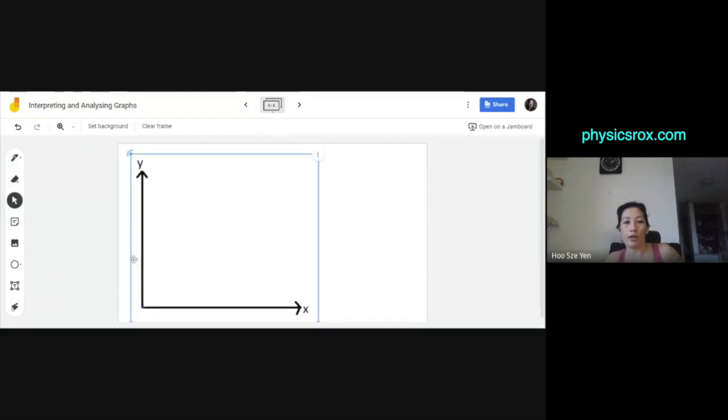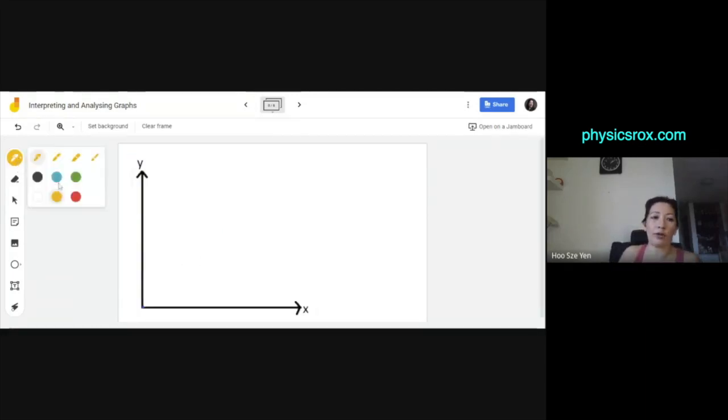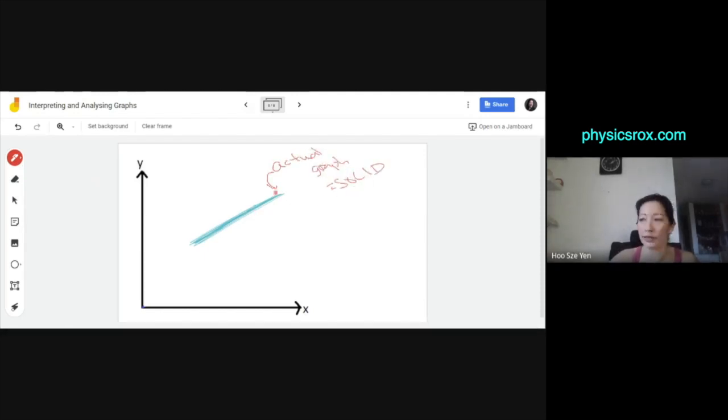Let me explain. So if you have an actual graph, must be solid line. Solid line means no dotted. Now, if you extrapolate the line, you extend the line, is the line considered still part of the graph or not? What do you think?